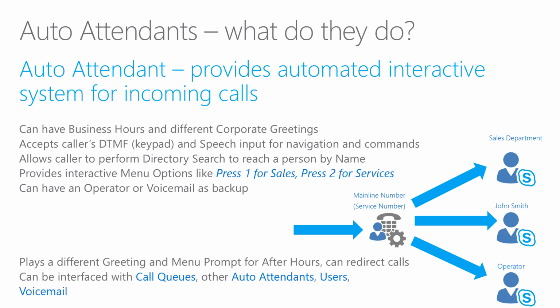You can also say a name, like John Smith, and it can transfer you to that person, or it can forward you to an operator. It accepts DTMF and speech input, and you can do a directory search based on your search scope, and we'll talk a little more about that later on. It can play different greetings and menu prompts for after hours, and it can interact with call queues, other Auto Attendants, users, or directly to voicemail.